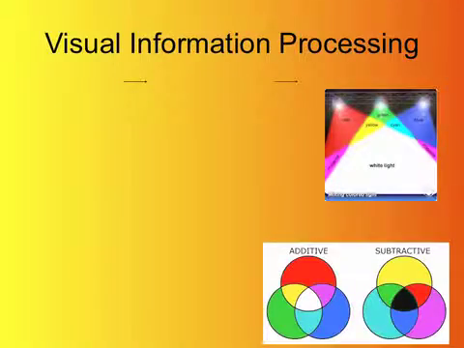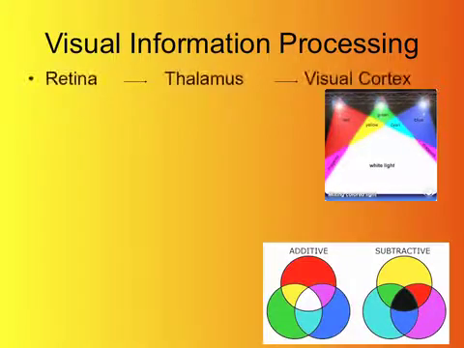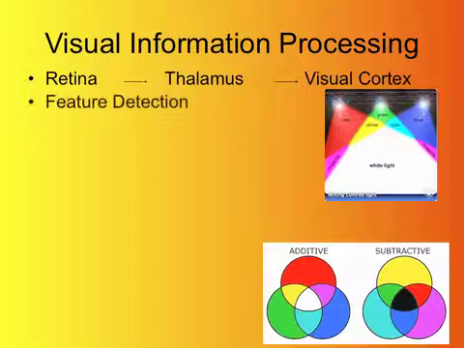Concerning processing the information we get from our eye, some review from Unit 3: it's leaving the retina via the optic nerve, and it's first going to the thalamus, our brain's sensory switchboard, before it is routed to the visual cortex, which is located in the occipital lobe. What is interesting is that there are neurons in that visual cortex known as feature detectors.